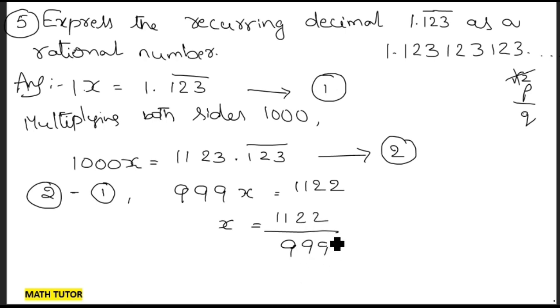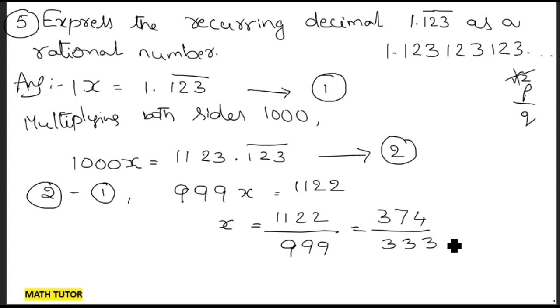Now I cannot leave it here. Is this in the lowest terms? I have to check. I think I can go for 3 table. 3 3s are 9, 3 7s are 21, 3 4s are 12 by 3 3s are 9, 3 1s are 3, so 374 by 333. Can I stop it here? I can go further.